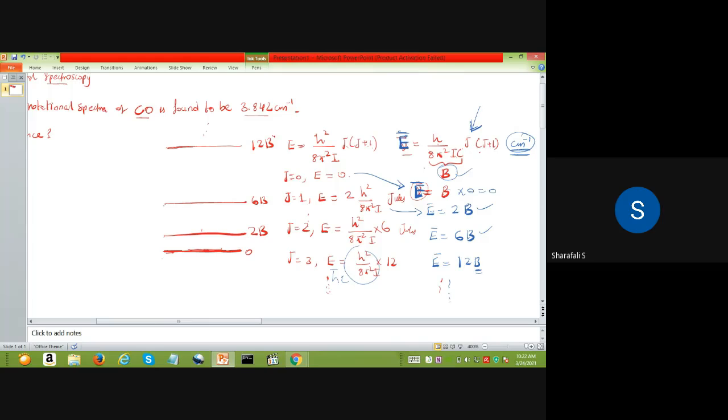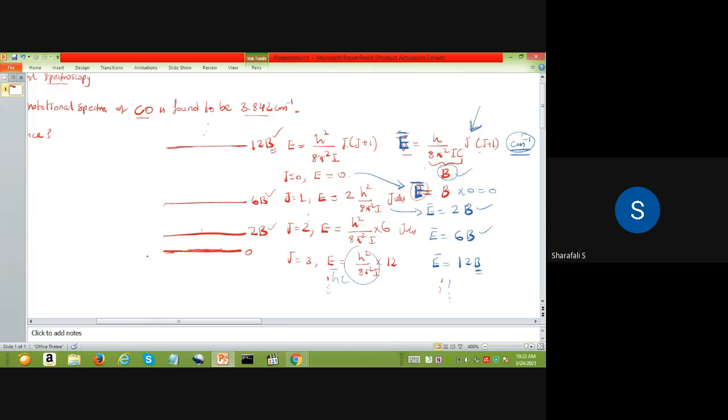So these are energy levels which are represented in terms of centimeter inverse. I don't think that these energy levels are in joules. Whatever you are representing with B will be in centimeter inverse.